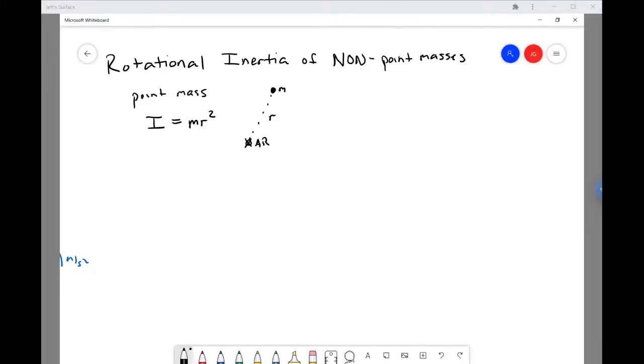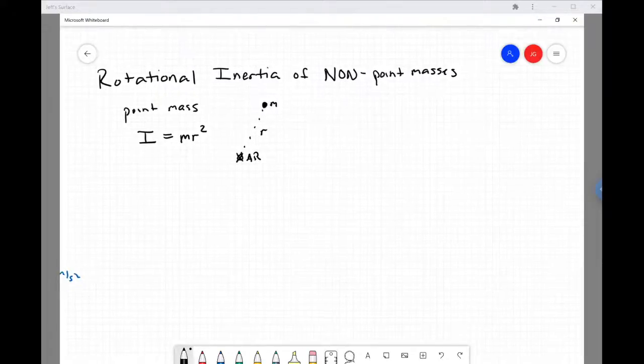So things like planets orbiting stars. Planets aren't point masses, but you can approximate them as point masses pretty well if you want to understand the dynamics of orbits, because they tend to be spherical and their radius is much, much smaller than their orbital radius. So their radius doesn't matter much.